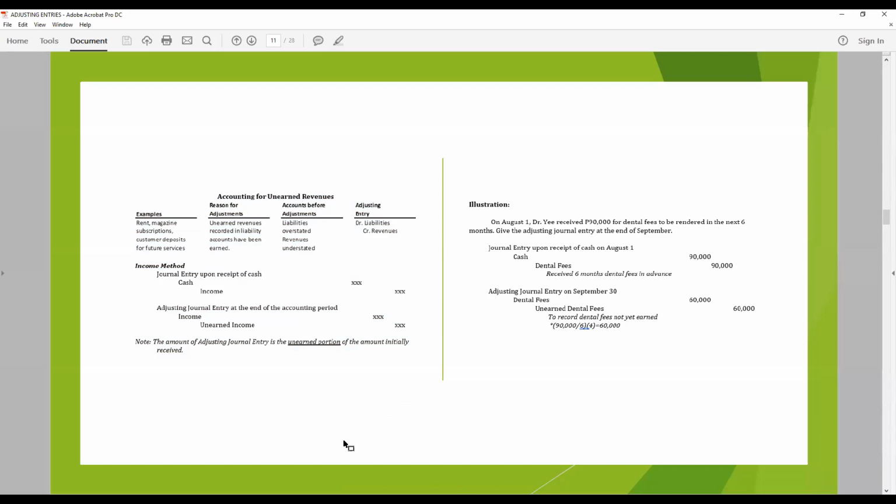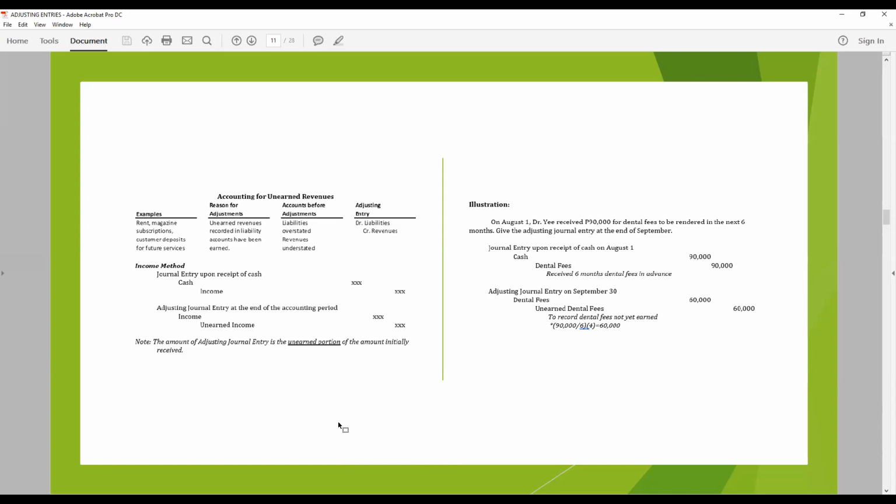So if you are using income method, you will debit the revenue account by the unearned portion. So you will recognize liability for that unearned portion, which you will be providing services after your year end or on the next accounting period pa, ipo-provide yung service na yun to your clients.